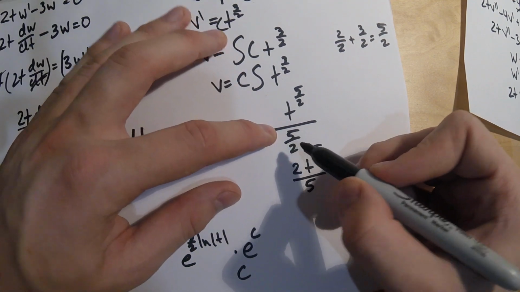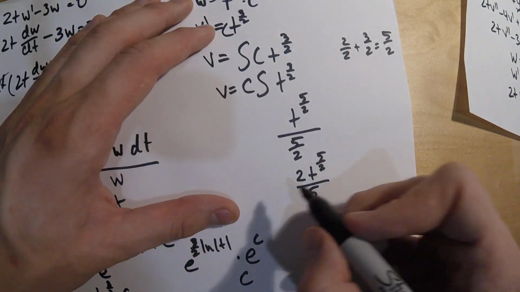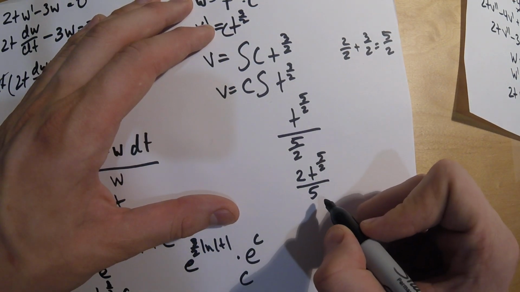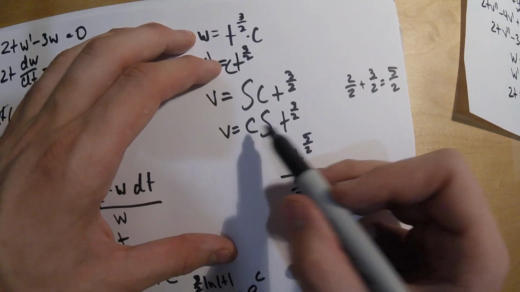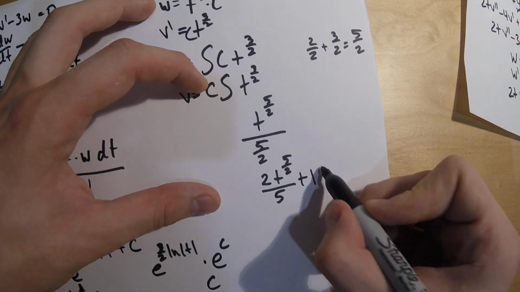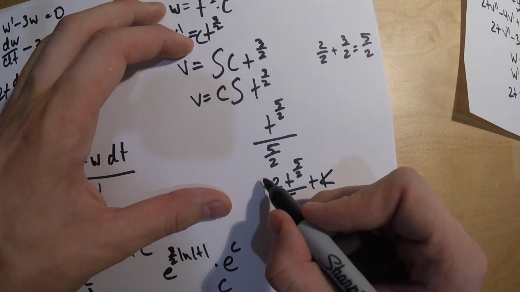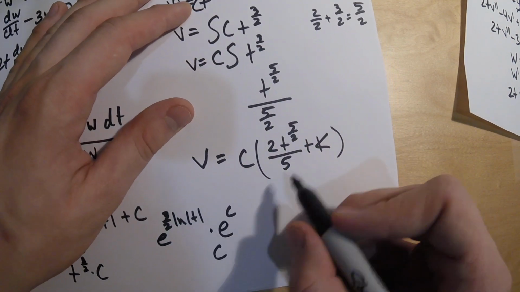Because if you divide by a fraction, you're actually multiplying by its reciprocal. Then this is going to be plus k, a constant, okay? Then the c gets distributed out.